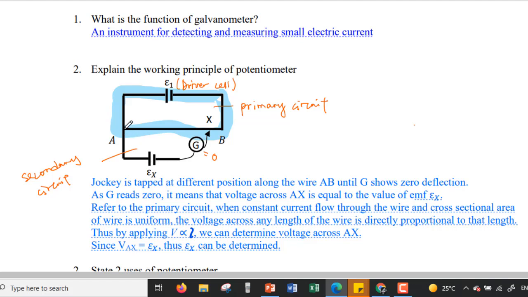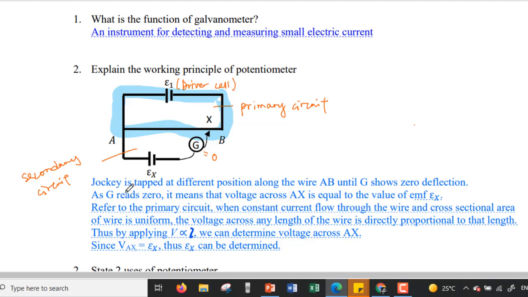So the potential at point A, the positive terminal, and the potential at X, the negative terminal, are the same, because we understand that current won't flow when there is no potential difference.